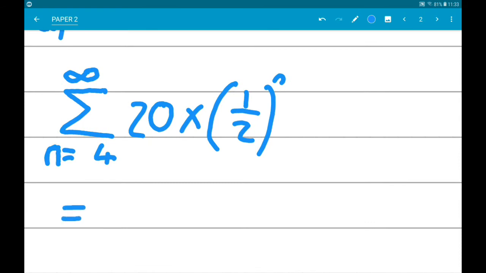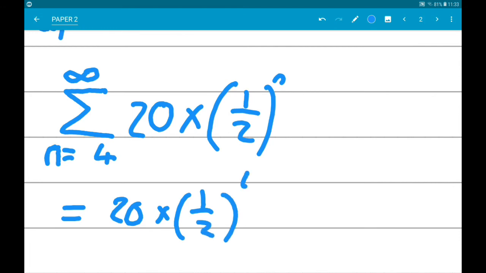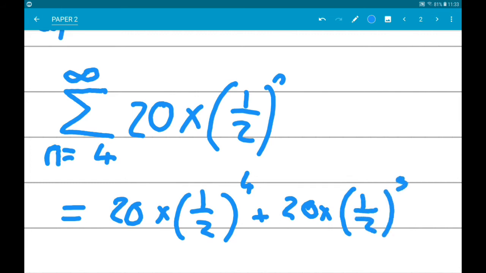Right, so, this sum is 20 times 1/2 to the power 4 and 20 times 1/2 to the power 5 and then that goes on forever.